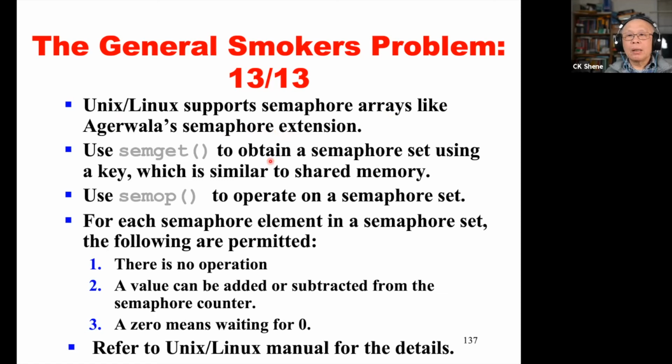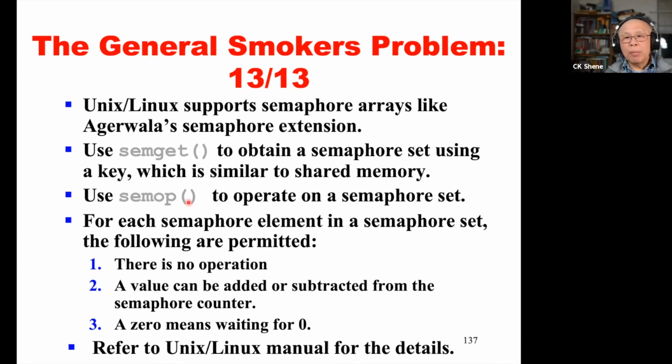So just like when we talk about shared memory, we call semaphore get to obtain a semaphore set using a key. Now, in Unix, there is no wait E, there's no signal E. Instead, Unix uses a single system call called semaphore operation, semop, to integrate everything you can do with Agerwala's semaphore extension into one call.